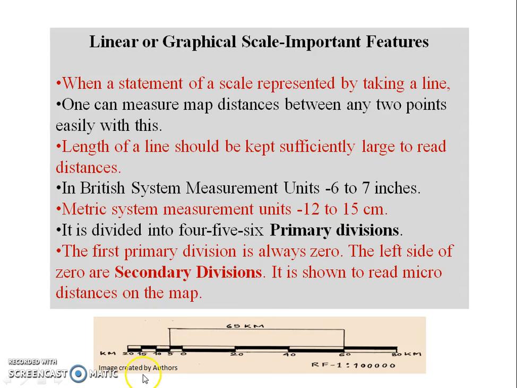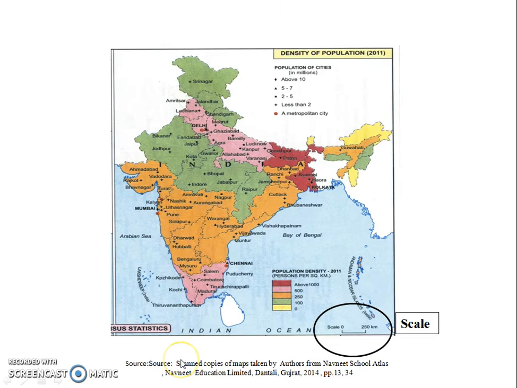These are shown to read tiny distances on the map. For example, with the help of the given scale, minimum 5 km can be read. Linear scale is drawn generally at the bottom of the map. You can see this feature in the given map.